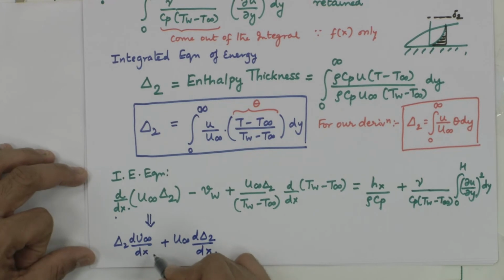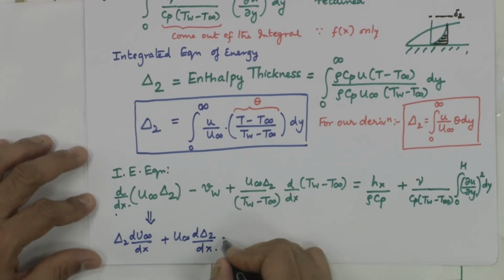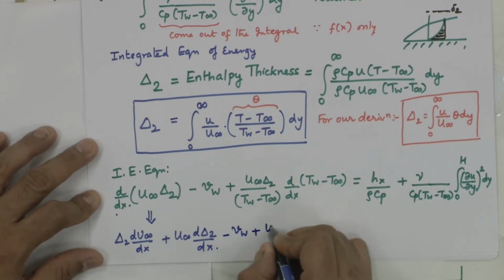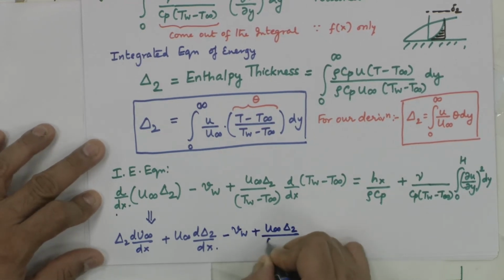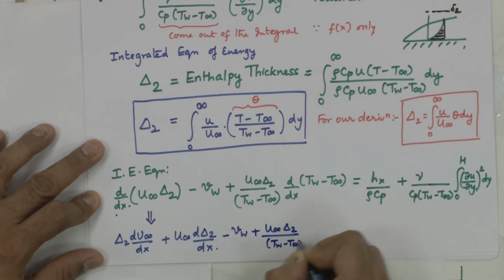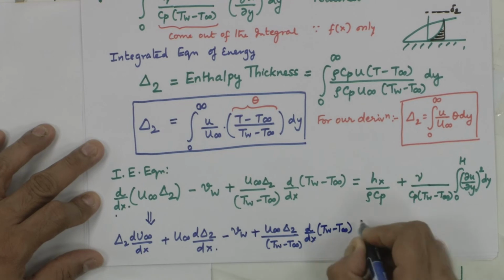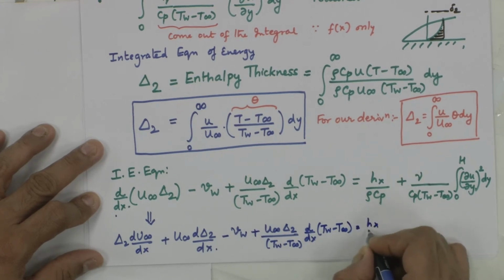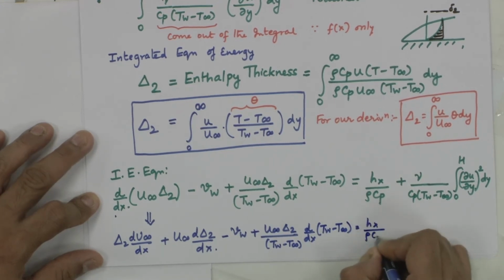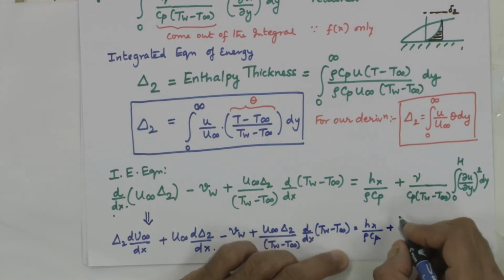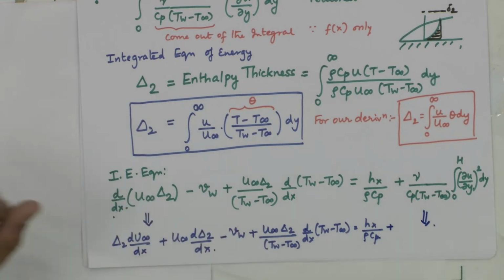Delta 2 du infinity by dx, minus Vw as it is, plus u infinity delta 2 by Tw minus T infinity, d by dx of Tw minus T infinity, is equal to hx by rho Cp plus nu by Cp and so on. This is as it is, I am not writing it.